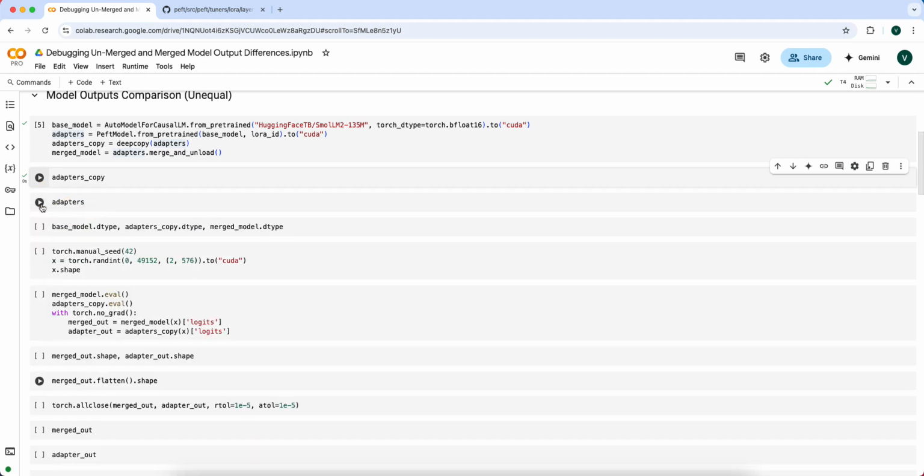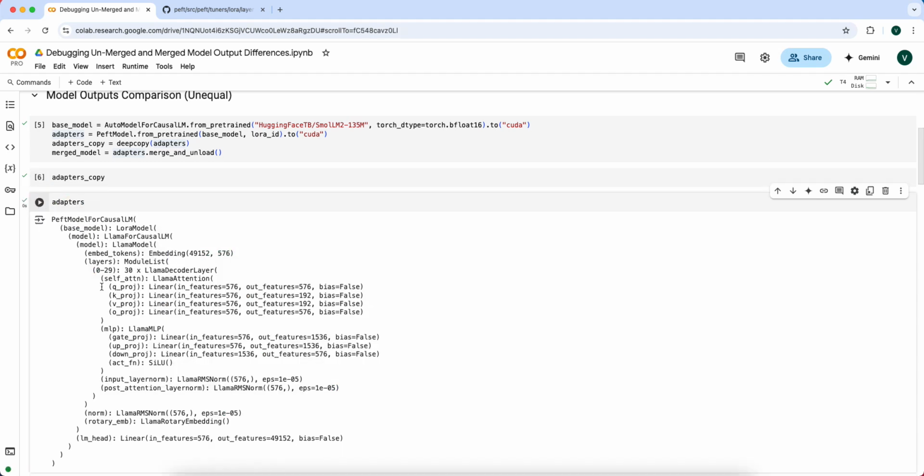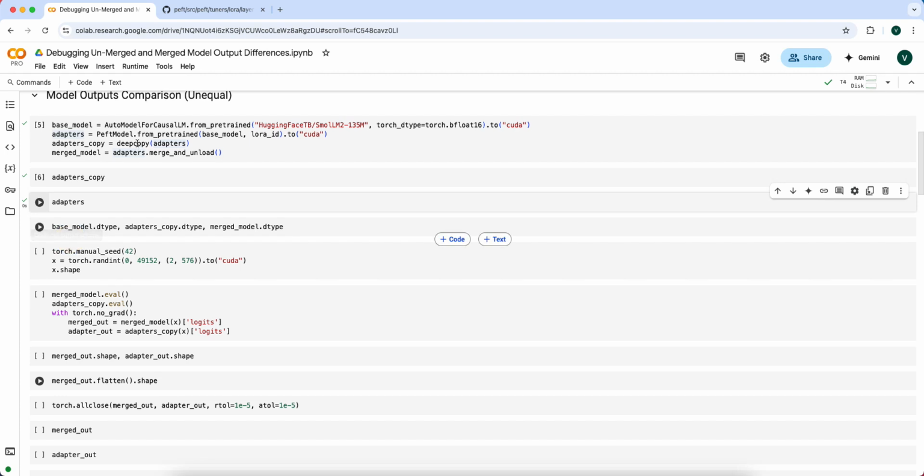And if we look at adapters, it has now collapsed because it has been merged into the base model. So q_proj is a single linear layer with one weight matrix instead of having a LoRA A weight matrix, a LoRA B weight matrix, and a LoRA dropout. So those are some setup steps.